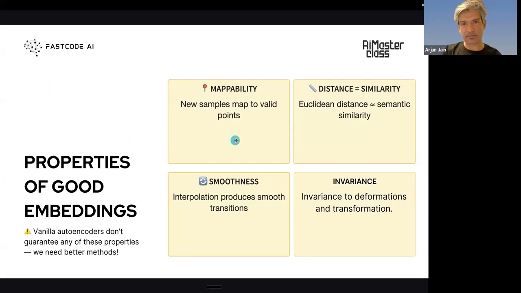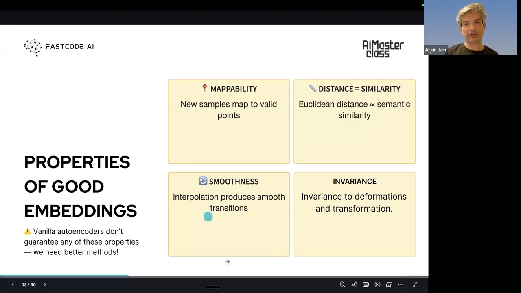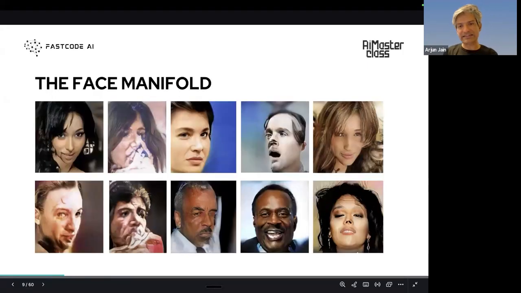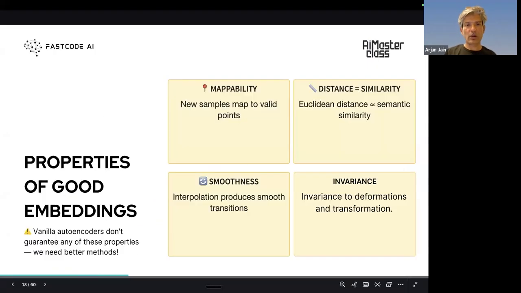Mappability, of course, this is basic: we should be able to map any sample to valid points. Smoothness: interpolation should produce meaningful transitions. The faces that I showed you were found by interpolation, and not all interpolated images look very realistic. What it means is that while interpolating in the Euclidean space, you're going outside the manifold.